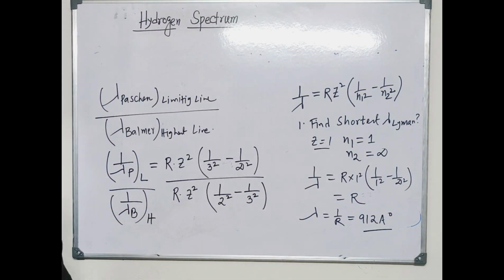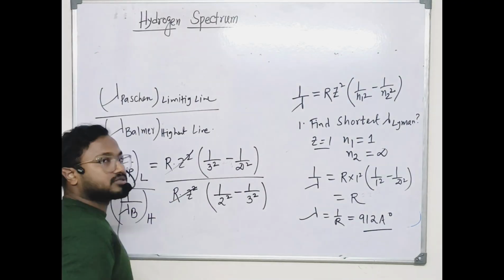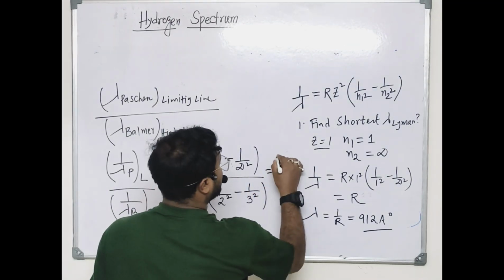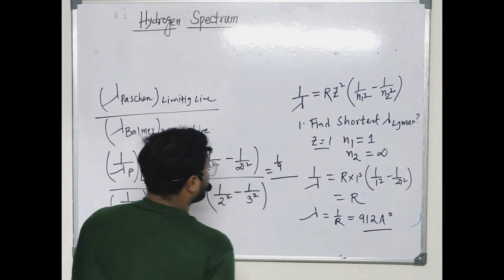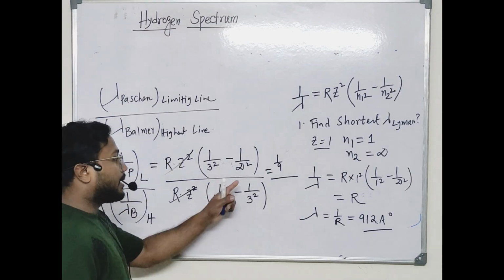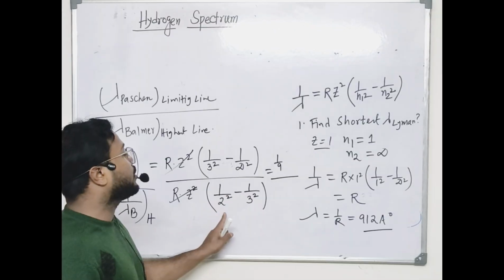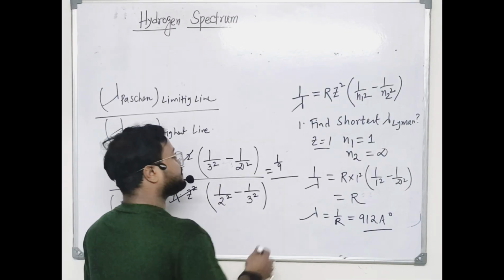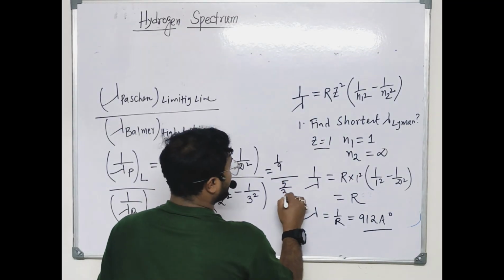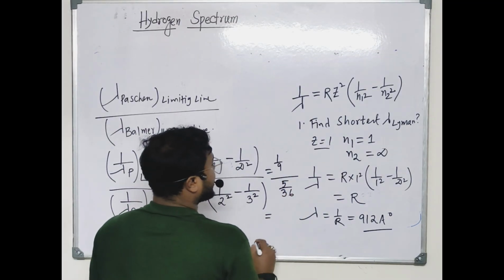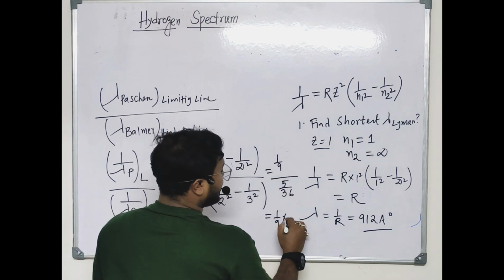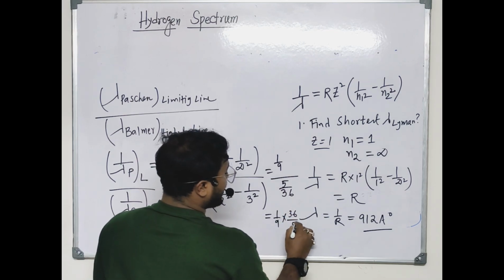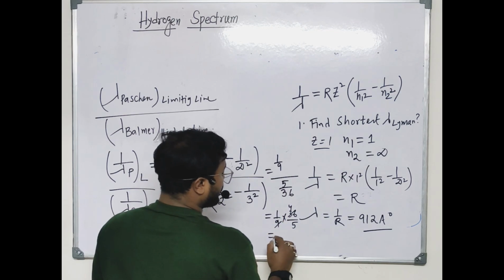So from here I can say RZ square will be cancelled. As a result, the value is coming 1 by 9, that is divided by 1 by 4 minus 1 by 9, 9 minus 4 by 9 into 4, 36, means 5 by 36 you are getting. So your value is coming 5 by 36. I can write that 1 by 9 into 36 by 5, that is 4 by 5.